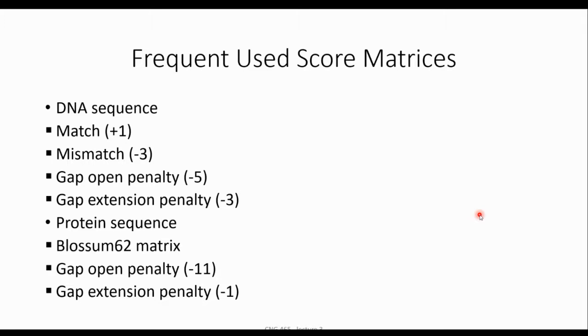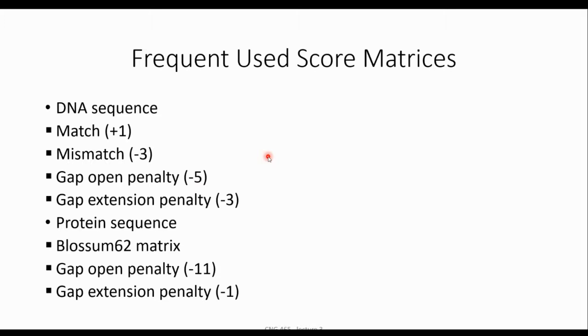We have some frequently used score matrices for both DNA sequence and protein sequence. For example, these are the suggested values for that. For matches, we can consider +1, for mismatch, -3. Now you already know about new gap or gap open penalty.